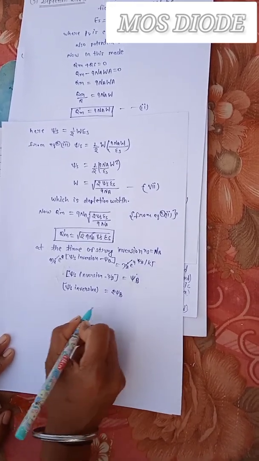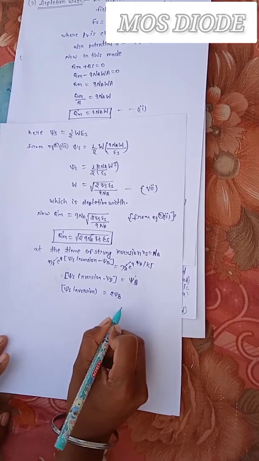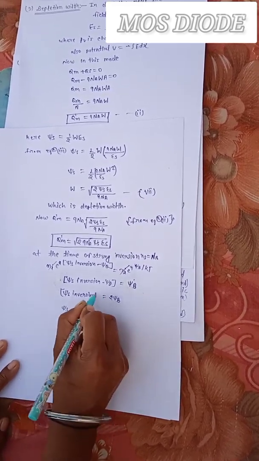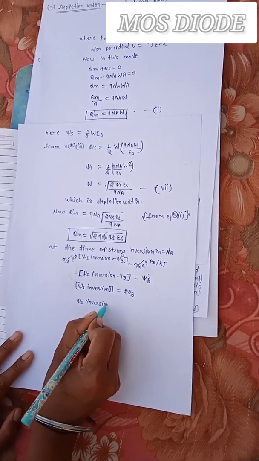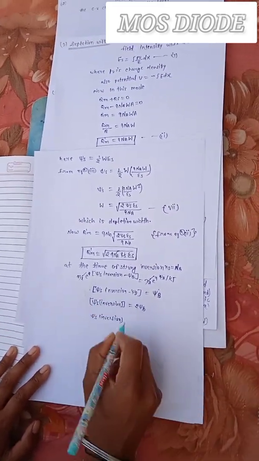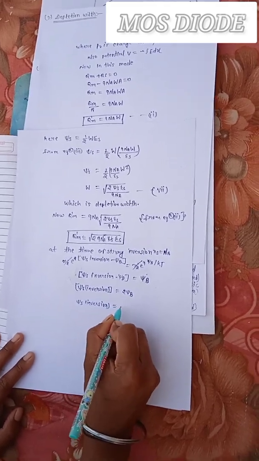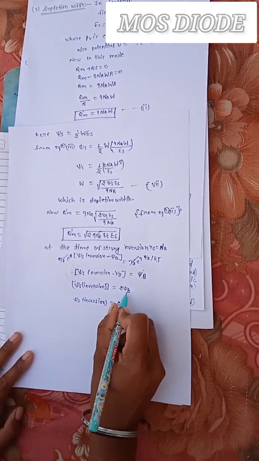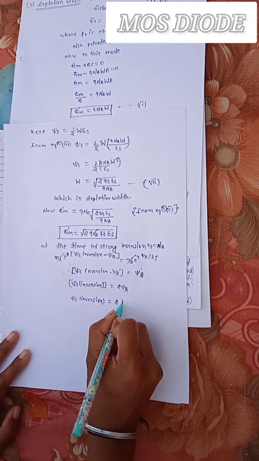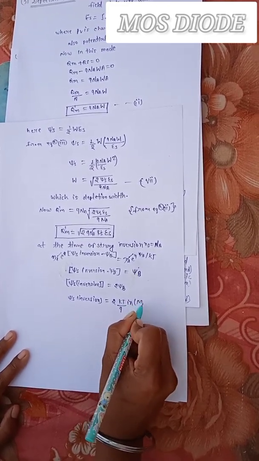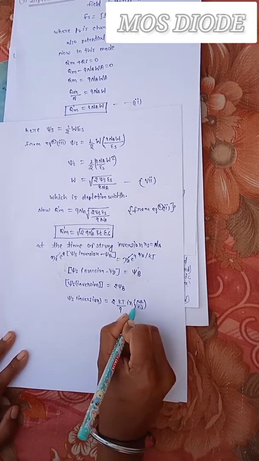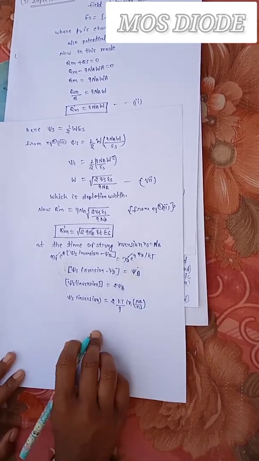Then phi s inversion equal to 2 phi b, and the phi b value is kT upon q ln of Na upon ni. These are the values of phi s inversion.